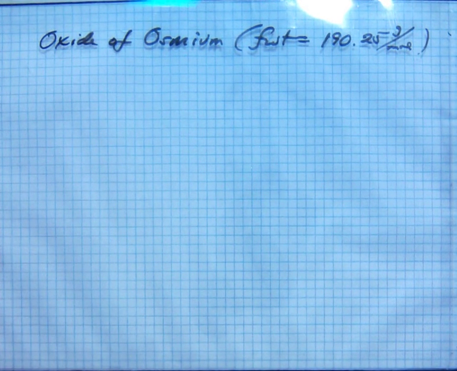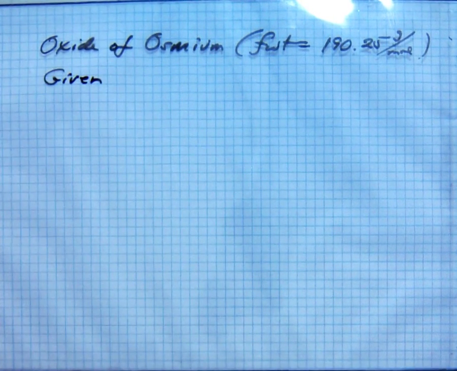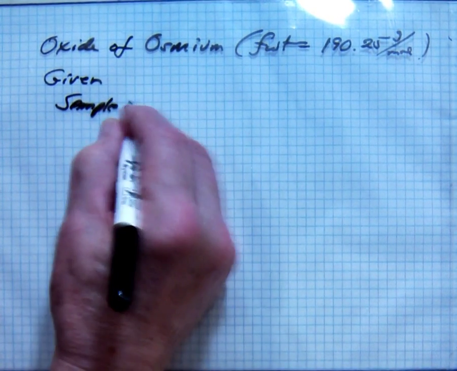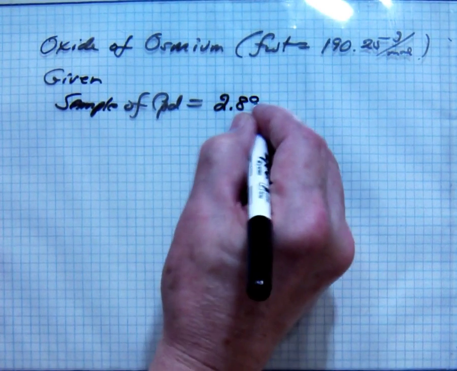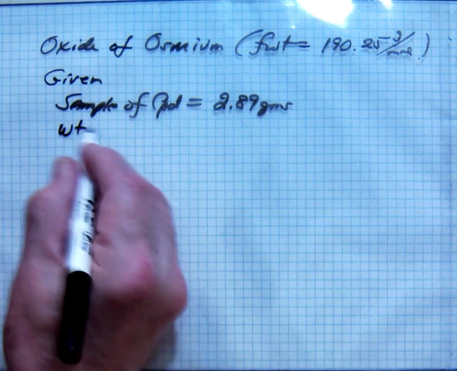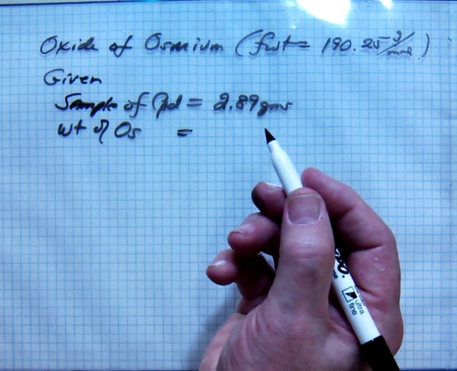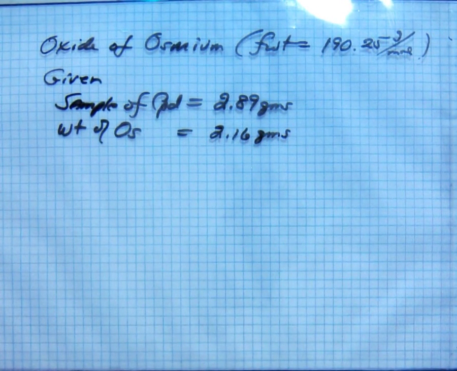And you are given in this problem an experimental measurement that says the sample of the compound is equal to 2.89 grams. And it was determined that the weight of osmium in this compound is 2.16 grams. Now you can use this data to calculate your percent per hundredweight.